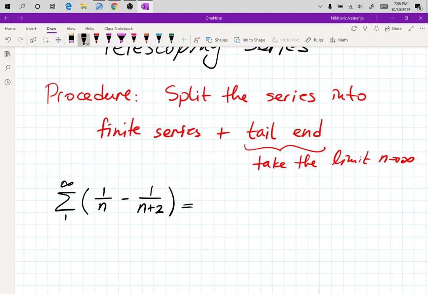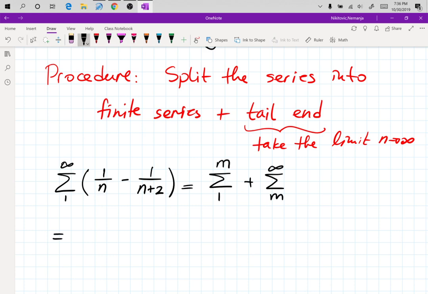Well, this is going to be a finite series from 1 to m, a different number. You can use m, you can use k, whatever. Plus a term that goes m to infinity, which is the tail end.